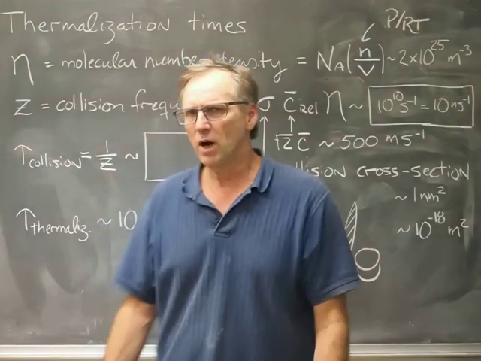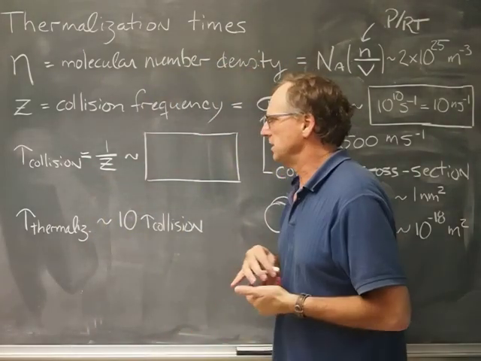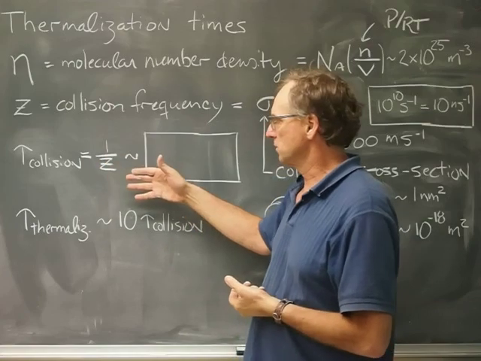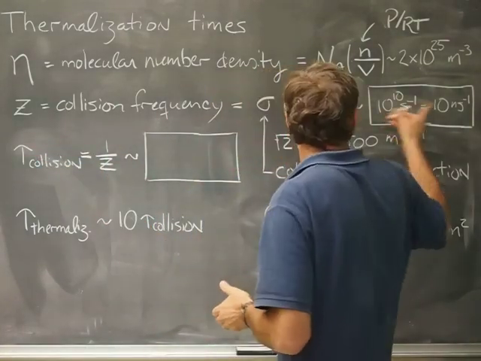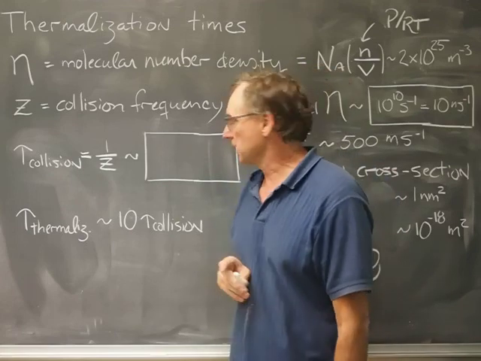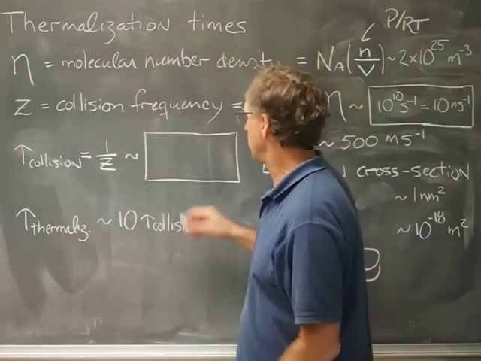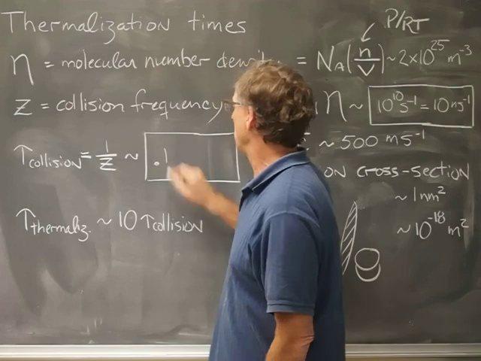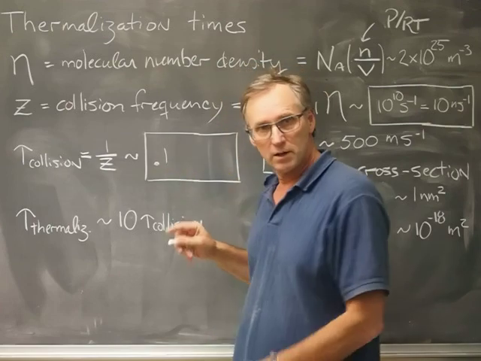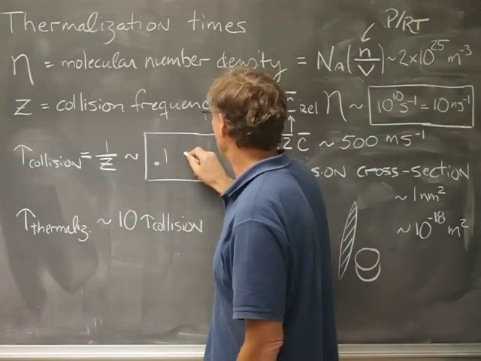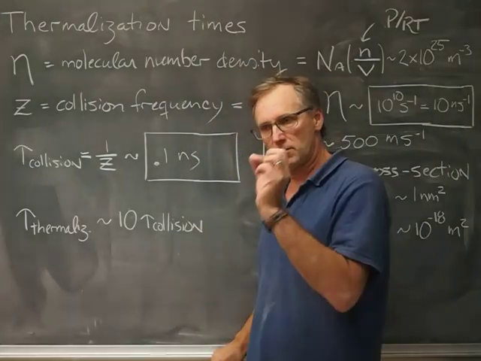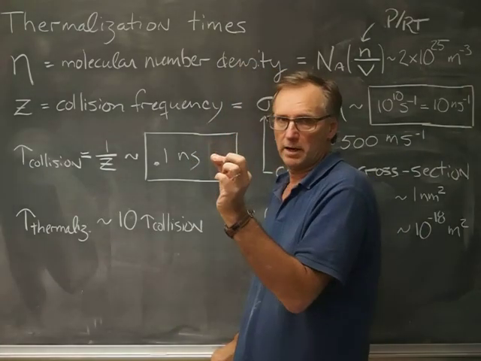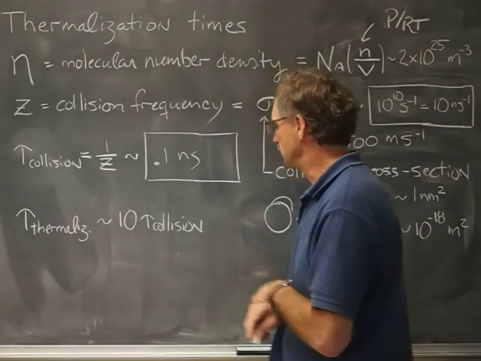It's also convenient to think of the inverse of the collision frequency, which is the time between collisions. Thinking still in nanoseconds, that would be 1 over 10, so 0.1 nanoseconds in between collisions. In other words, every tenth of a nanosecond, I get hit again.